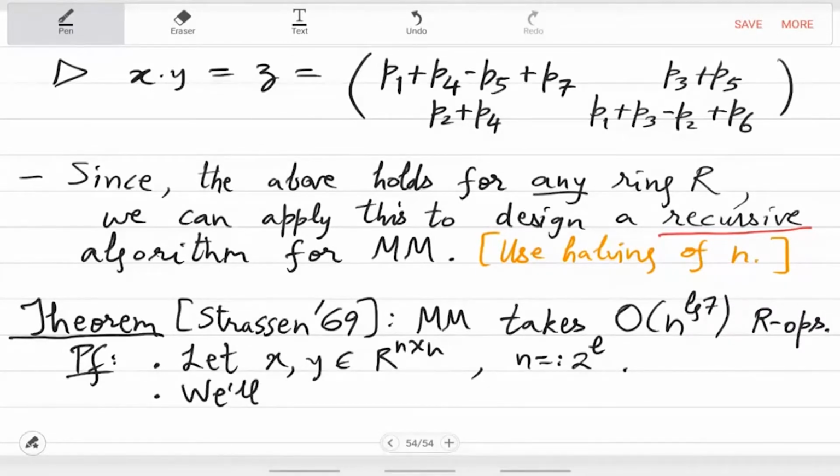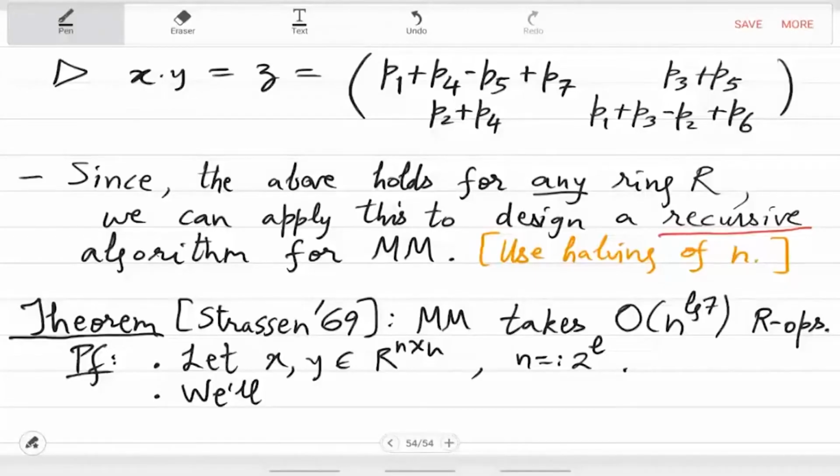So proof will be an induction on L. Okay, so we will compute how many multiplications and how many additions in the base ring R are required.